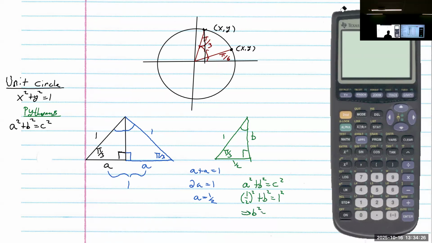B squared equals 1 minus 1/2 squared, which is 1/4. So I have 1 minus 1/4, 3/4. Okay, b squared. B squared is 3/4.